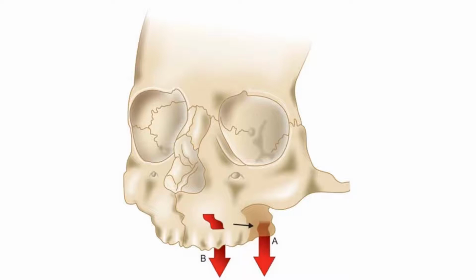The lateral surface of maxilla posterior to key ridge and the lateral surface of tuberosity are depositary, growing laterally, facing upward. The medial surface of zygomatic arch is resorptive and the lateral surface depositary as compensation.